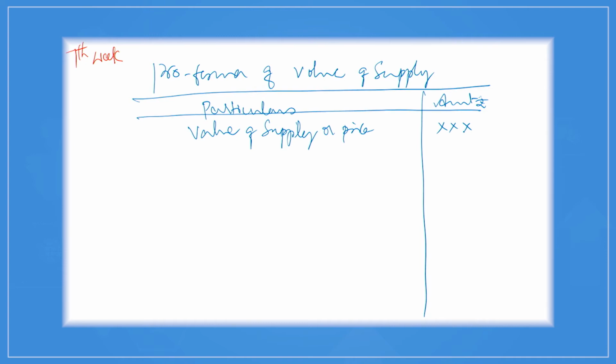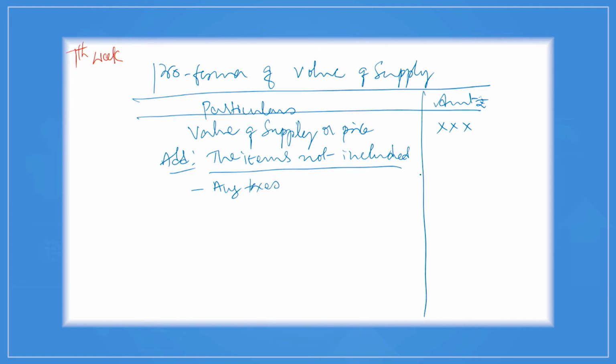For this, we have to include the items which are not included in the above. The items not included are: number 1, any taxes, duties and cess, fees and charges.